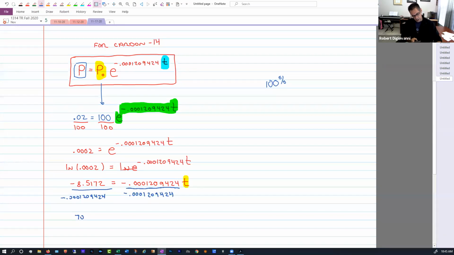I get 70423.55 equals t. So how old's the bone? About 70,000 years or so. That's how old the bone is. So 70,423 years old.